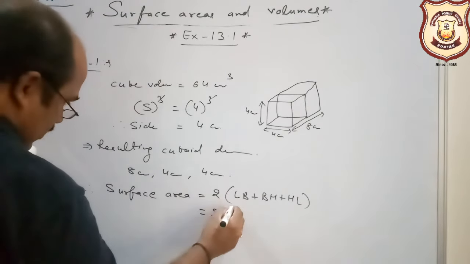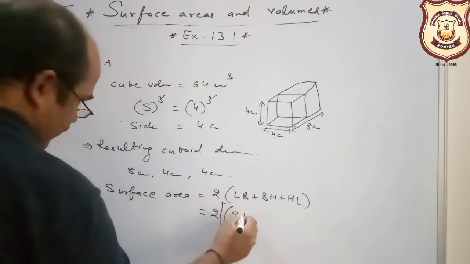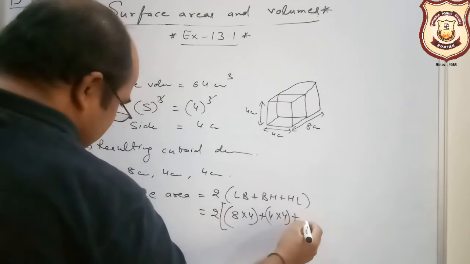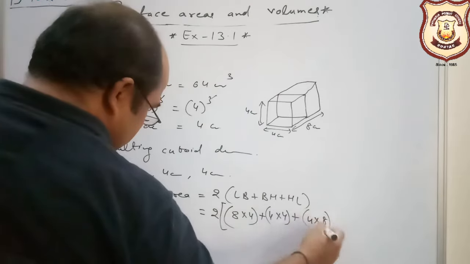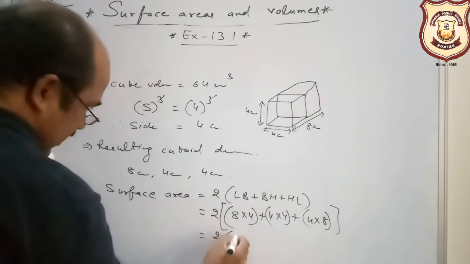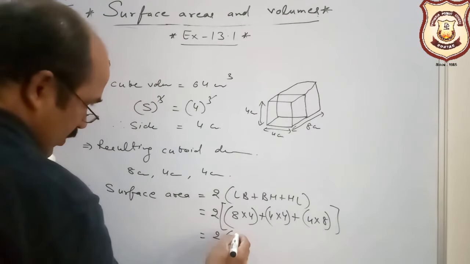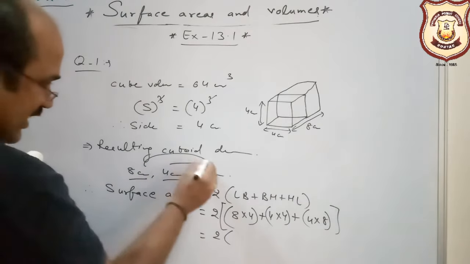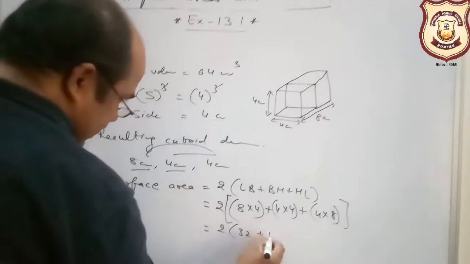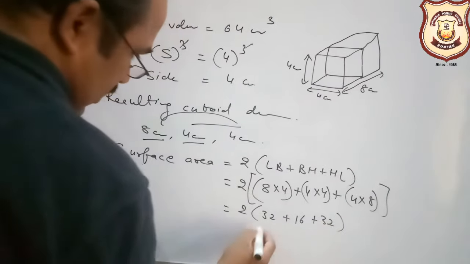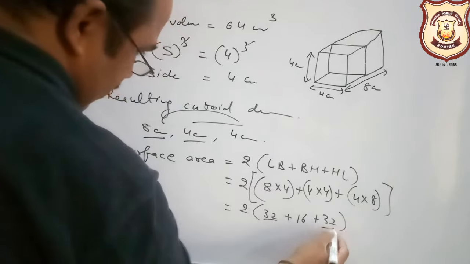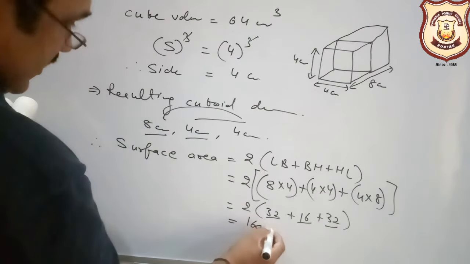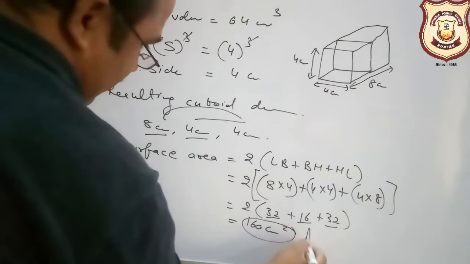So 2 into (8 into 4, plus 4 into 4, plus 4 into 8): 32, 16, 32. 32 plus 16 plus 32 is 80, and 2 times 80 is 160 centimeter square, which is our answer.